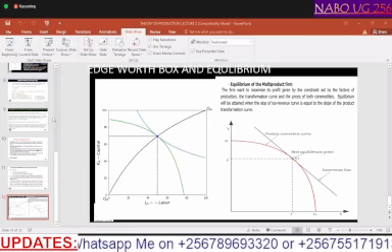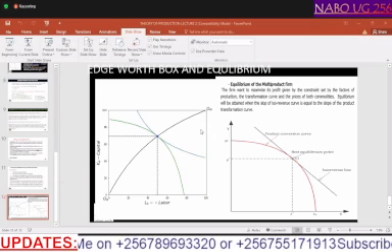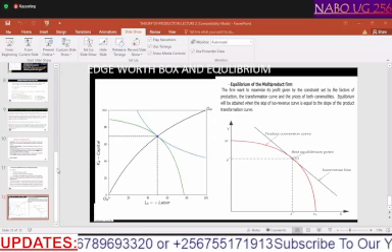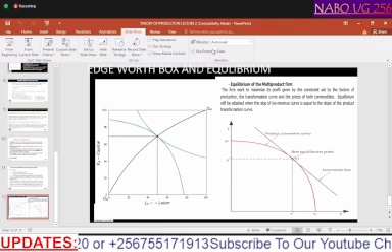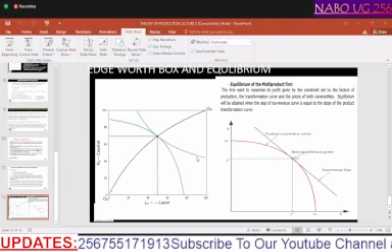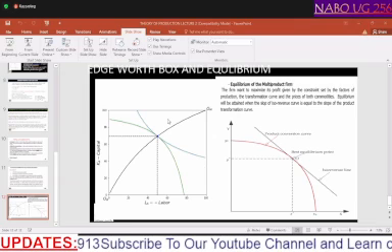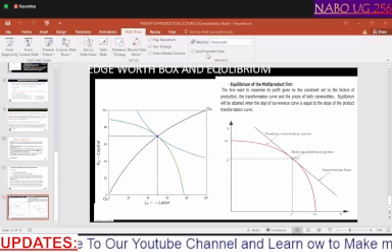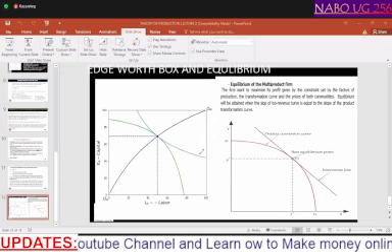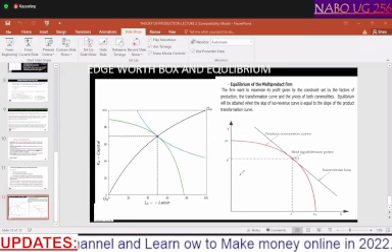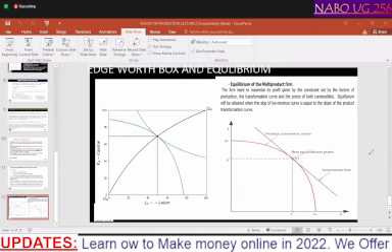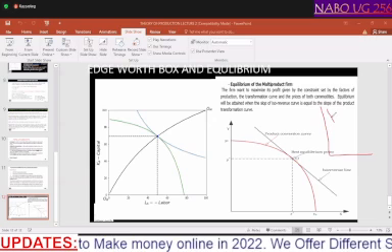On isoquants, I said that when you are producing two commodities, you can have an isoquant where you have perfect substitutability.